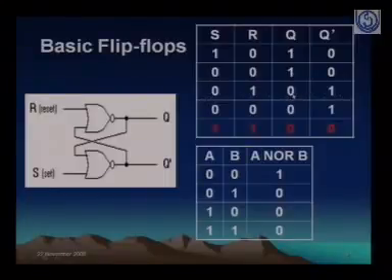The flip-flop Q has moved to 0. So this is how this particular latch is operating. Once again, when we come back to the state of 0 and 0, nothing happens. You can try that out, and the flip-flop will remain in the reset state which it had acquired at this point of time.